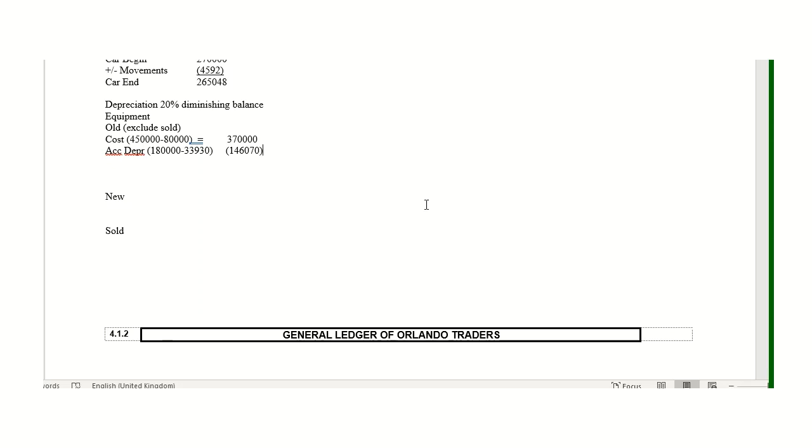So if I deduct the accumulated from the cost for the old, I will get to the diminishing balance or carrying value. So my diminishing balance is 370,000 minus 146,070 gives me 223,930. That I must multiply by the percentage, which is 20%, so 20 over 100. And that will give me the depreciation of the old, which is 44,786.